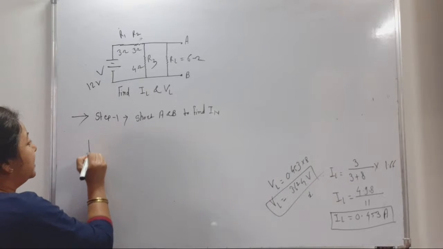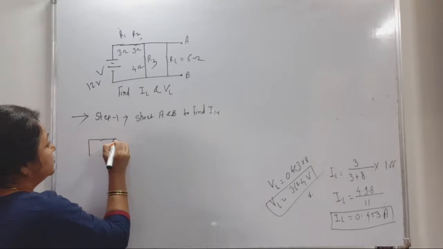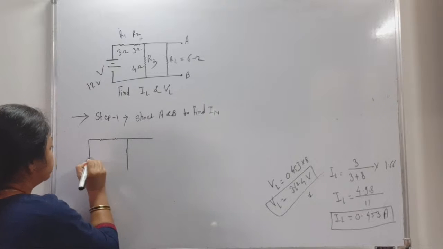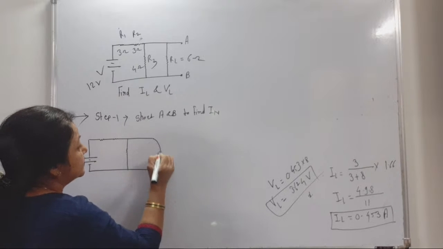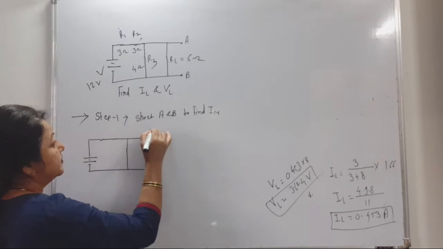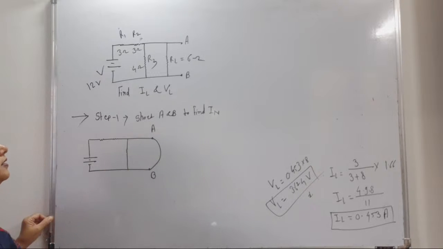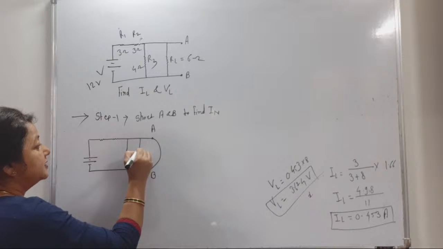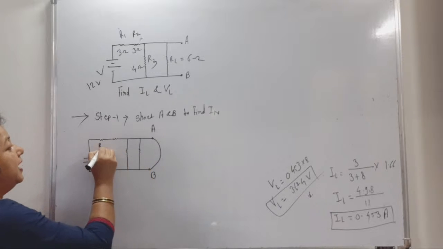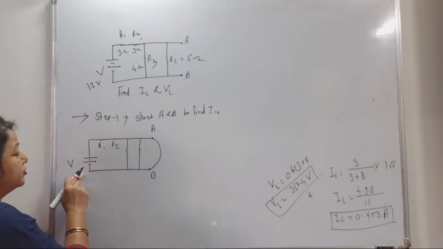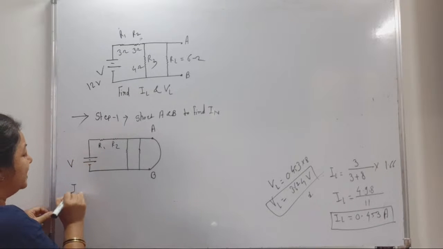So what is the diagram if we short those two? Automatically here are R1, R2 and V. The current due to source V is IN.